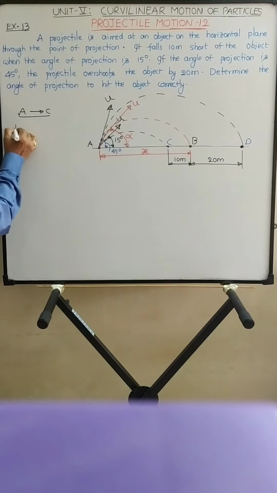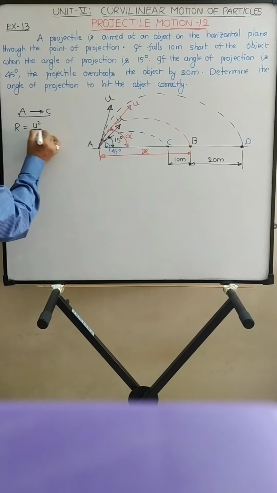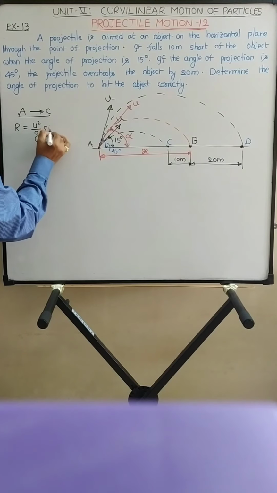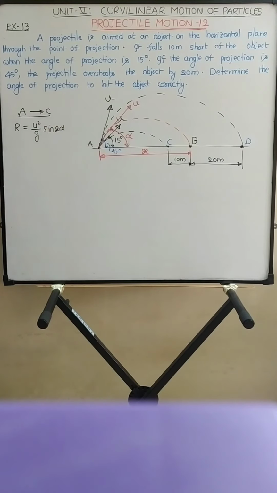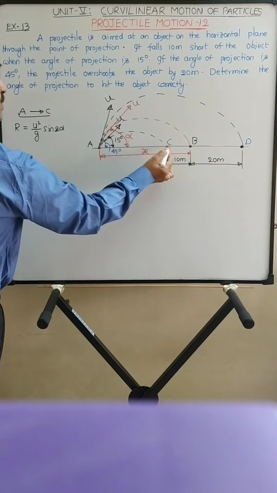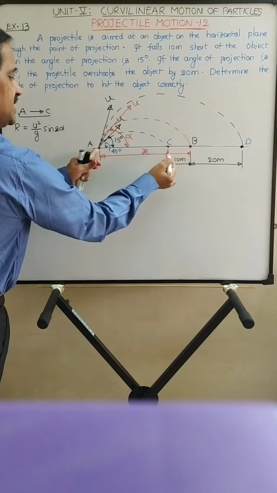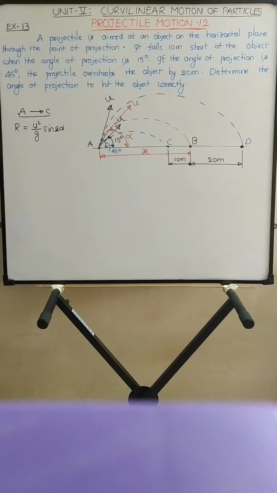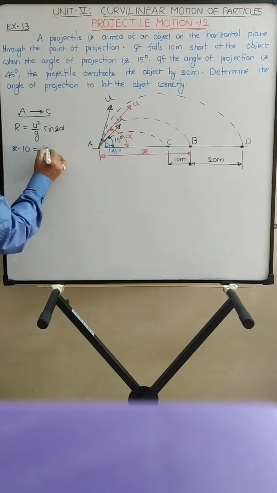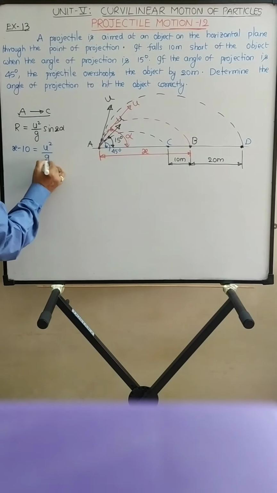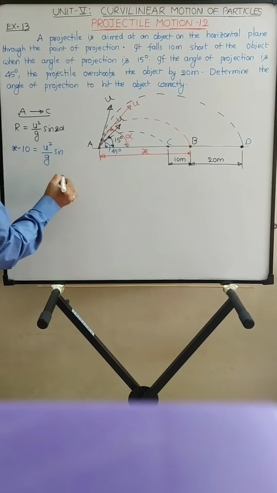We have the formula for range on a horizontal plane: R is equal to u square upon g sine 2 alpha. So here what is R from point A to C? Up to B it is x, so it is x minus 10. Right? So x minus 10 is equal to u square upon g sine 2 alpha.